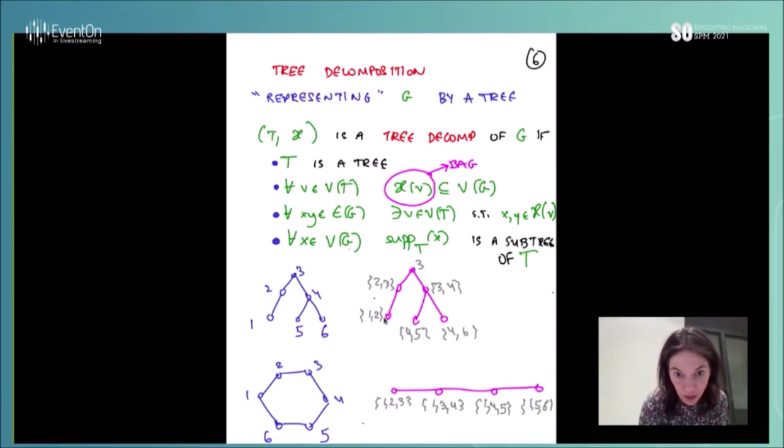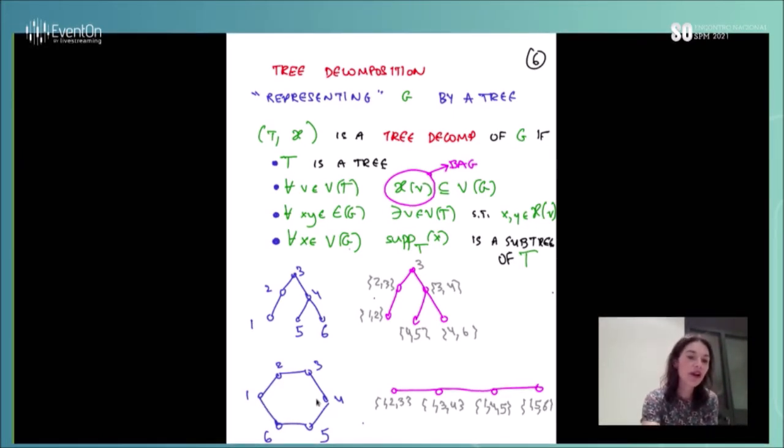So the bag that corresponds to this vertex is 1, 2. For 3, its unique path to the root is 3. It doesn't have any neighbors on this unique path. So the bag that corresponds to it is 3. And you can check that this is really a tree decomposition. And notice that I've managed to construct a tree decomposition of this tree by using bags of size 2.